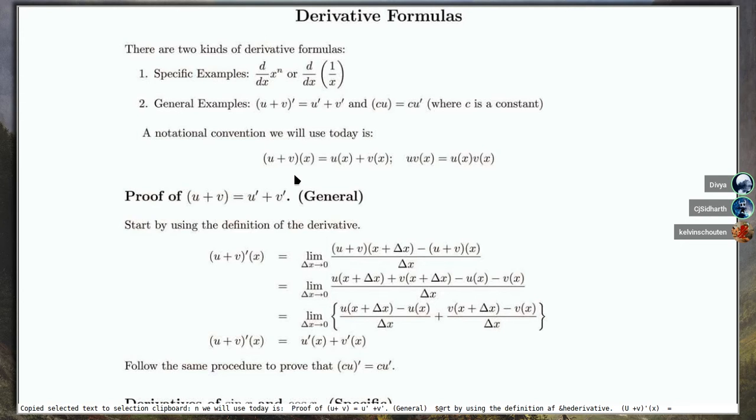Right. And why do you think it is needed that they have to be continuous? If for some point they are not defined, then after combining them, some problem will arise, I think. Yeah, that's basically it.